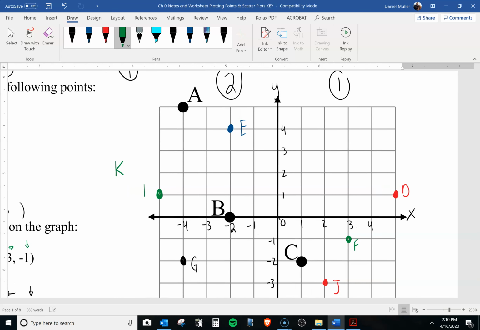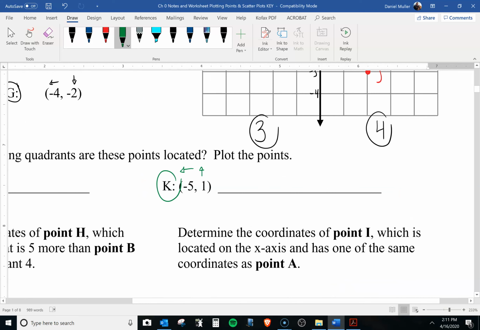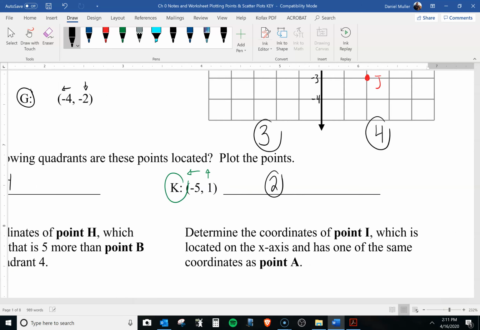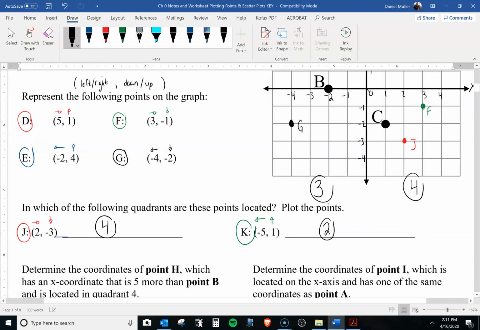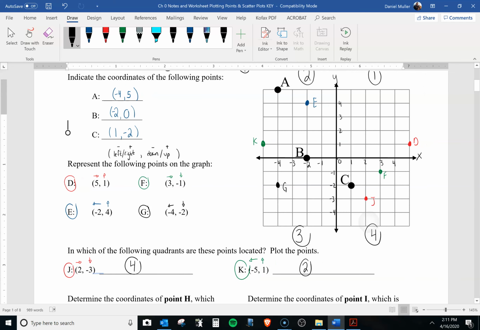That looks to be quadrant 2. So I will label that down here as quadrant 2. I'll circle this one too. So I'll just take a step back here and you guys can take a look at this, and then we'll do the other two questions.